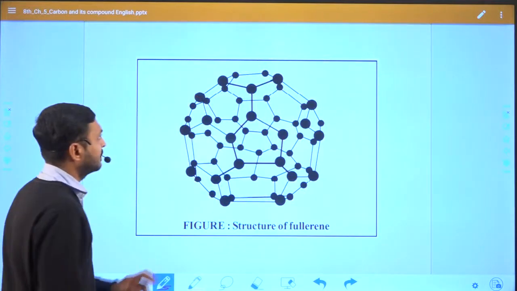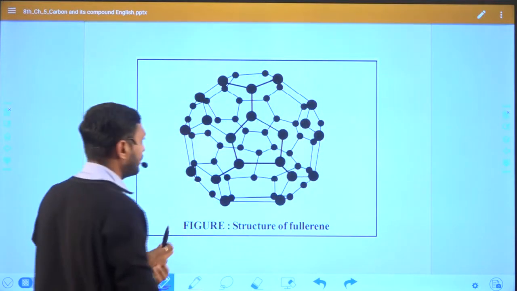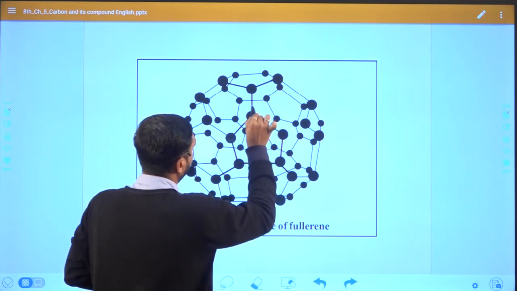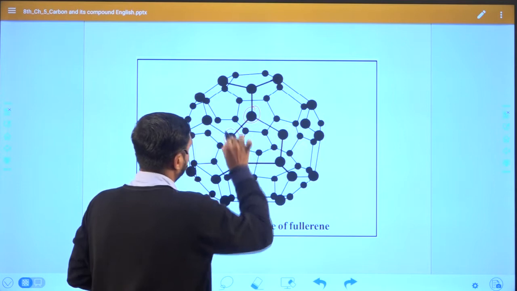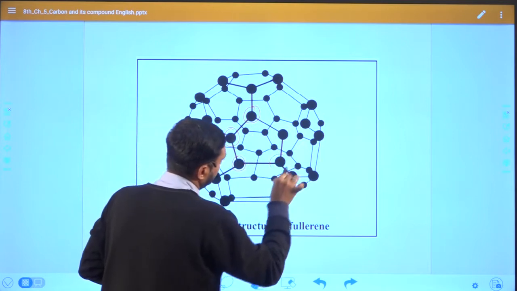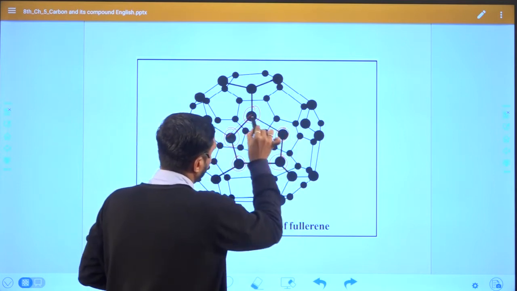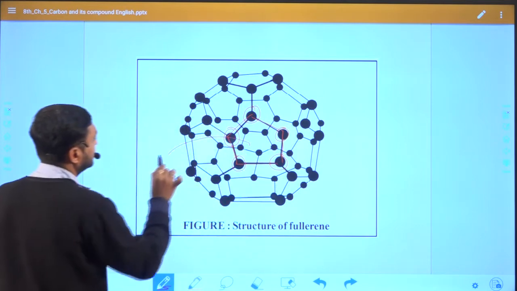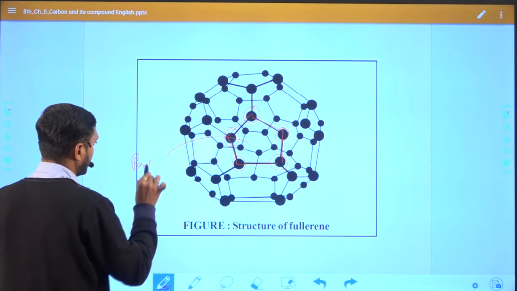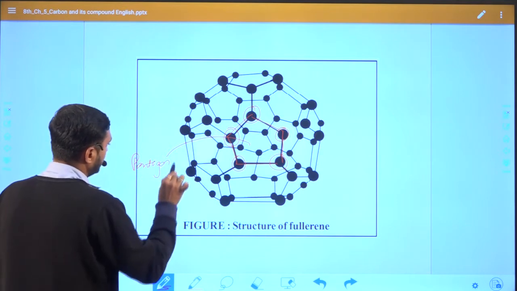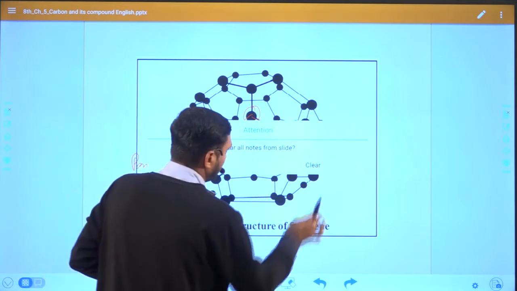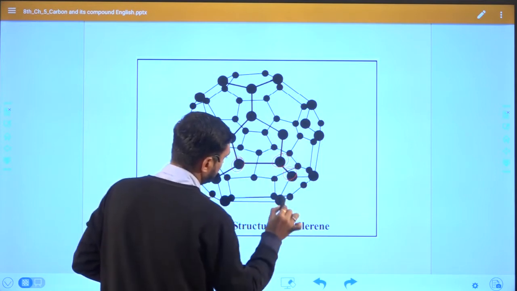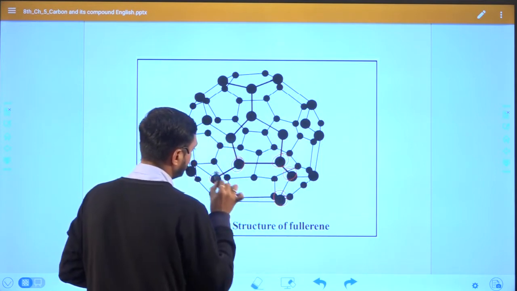So in this structure, first of all we should identify 5-member rings and then 6-member rings. If we consider this atom and this atom, you can see this is a 5-member ring, so it is known as a pentagon ring. While in the case of a hexagon ring, you can consider this one, this and this one.